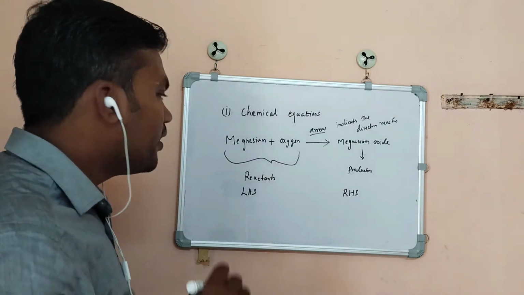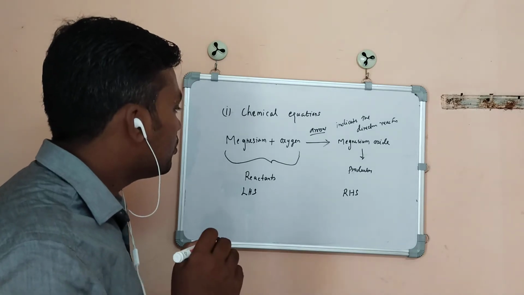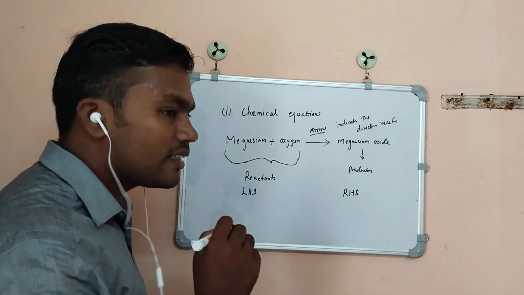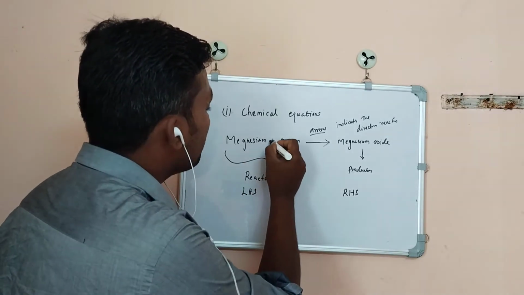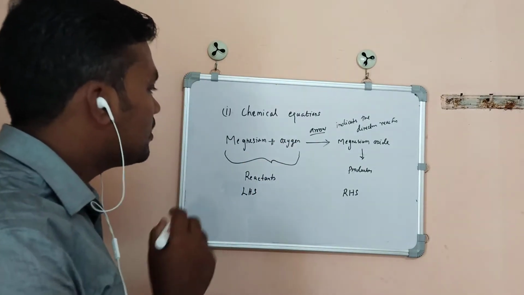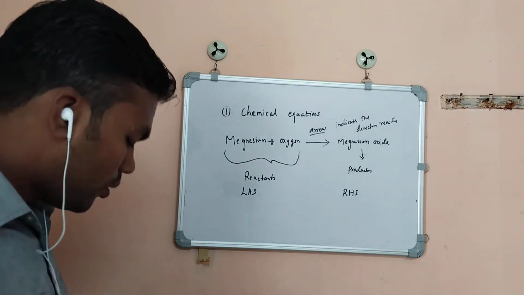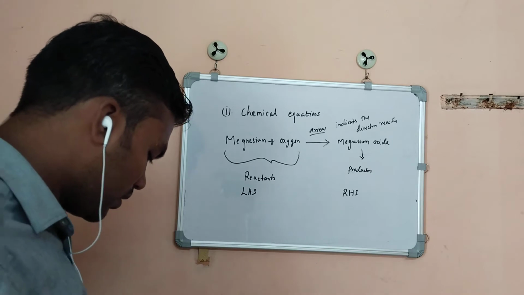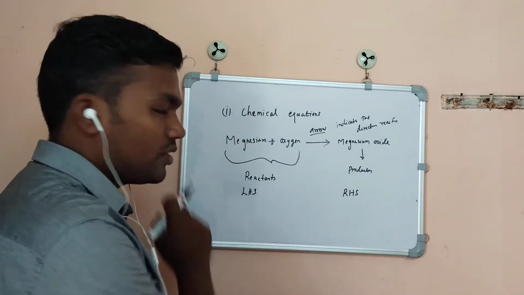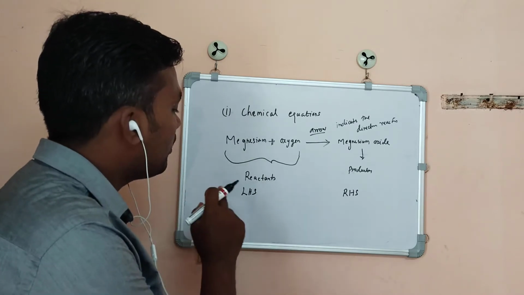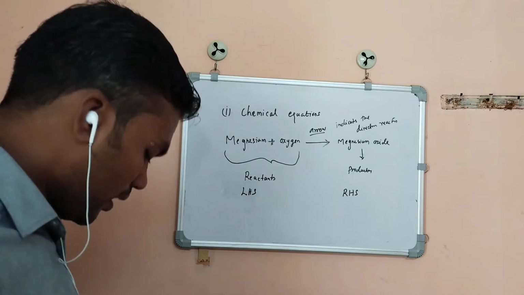When you are writing the reactants, you need to write them with a plus symbol. Here we have written a plus symbol. This is the right way to write chemical equations. The reactants are written on the left hand side and the product on the right hand side.